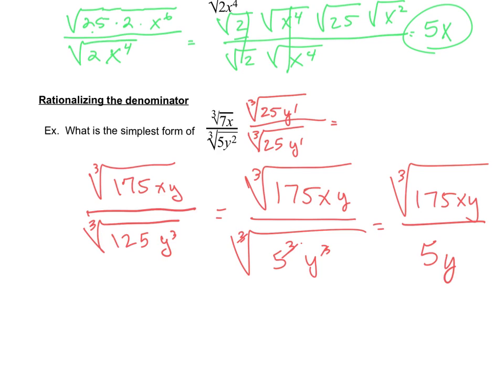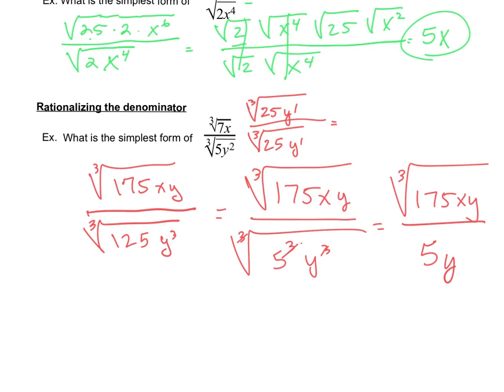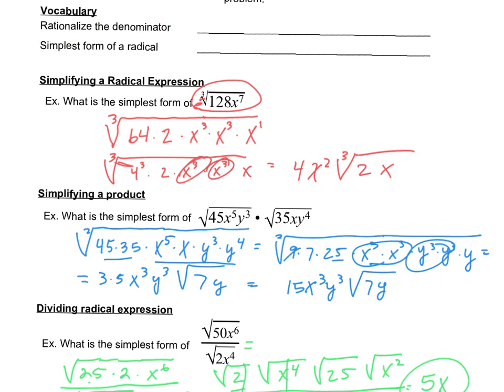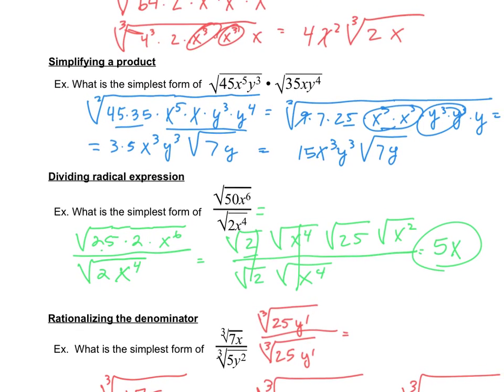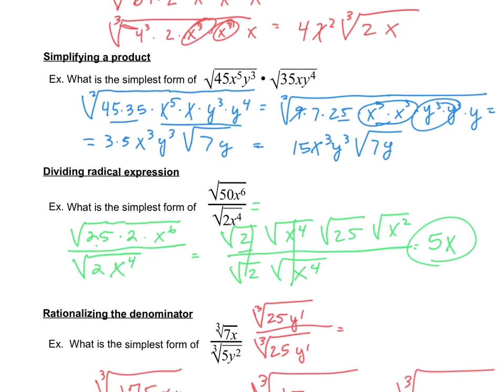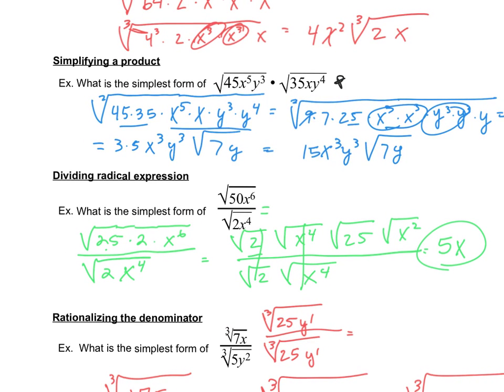And with that, as a quick review, we did multiplying and dividing radical expressions today, and I showed you how to simplify a cubed root. And we simplified a product by multiplying it and then simplifying it based on the requirements.